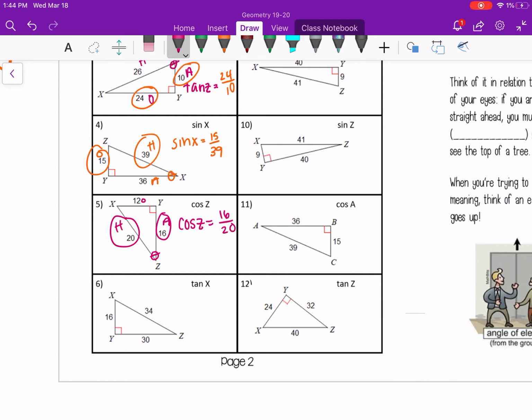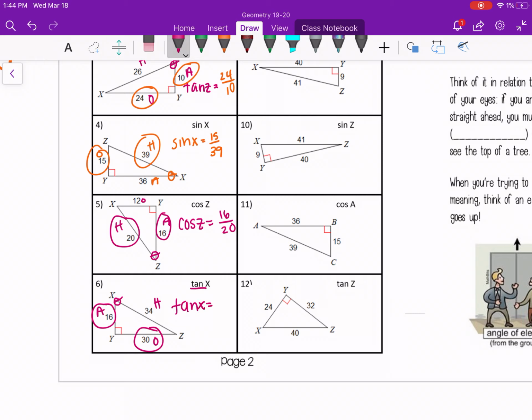All right, go ahead and pause the video now. Do example 6. If you want, you can just pause the video now, do all of them, and then fast forward to the end of the video and just see all the solutions. X, hypotenuse, opposite, adjacent, tangent needs opposite and adjacent.